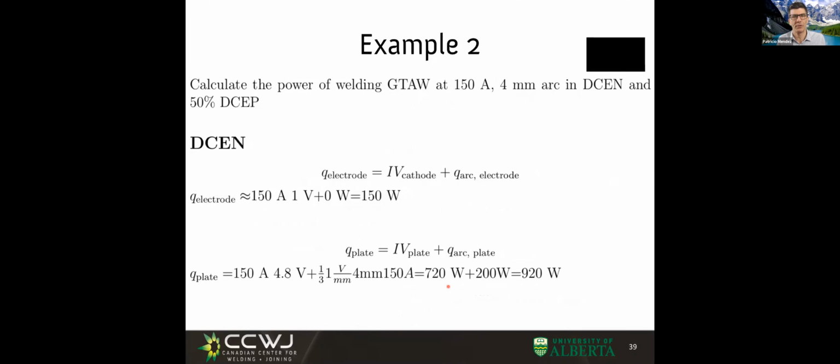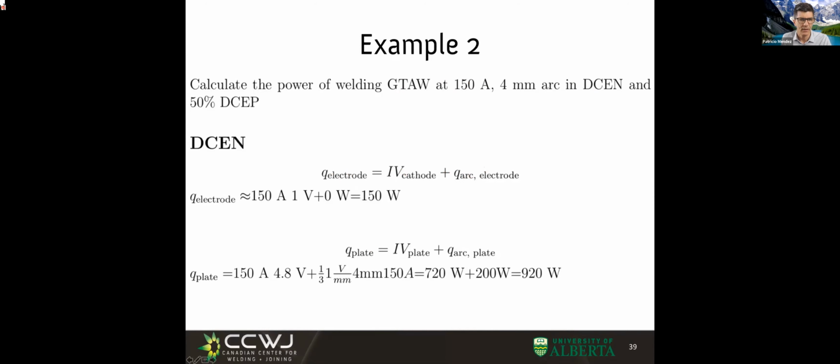Another example, I'm doing TIG, and then I will move to discuss MIG very soon when we discuss voltage in arc welding. So let's calculate the power in TIG when we are at 150 amps, the power at the electrode and at the plate, right? In this calculation, in which I'm going to go very quickly because you have it uploaded and you can go over that in detail yourselves, if it is electrode negative, we have current times voltage at the cathode, that's for the electrode, and how much heat the arc gives to the electrode, which we said is nearly zero.